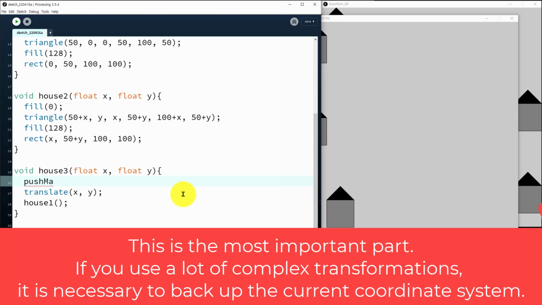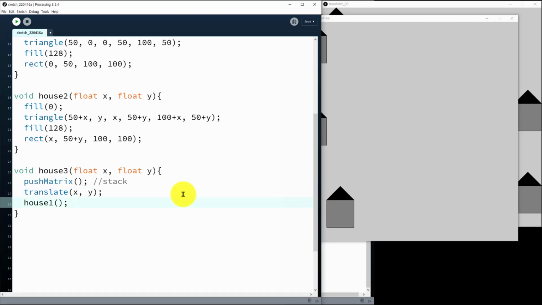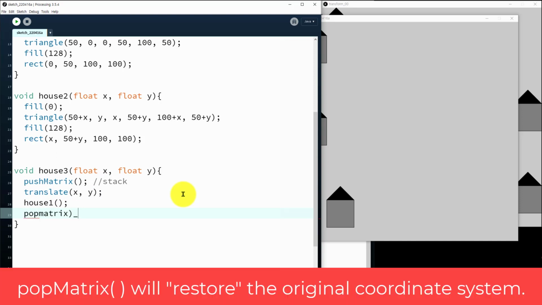That's why we need the pushMatrix function. The pushMatrix function will push the current matrix information for the coordinate system onto a stack, kind of. This is a bit difficult, but just remember that before translating, rotating, or any transformation, you need to back up the current status using pushMatrix. And after doing all the things, you need to pop. Push and pop are opposites, right? So pop the matrix information using the popMatrix function.